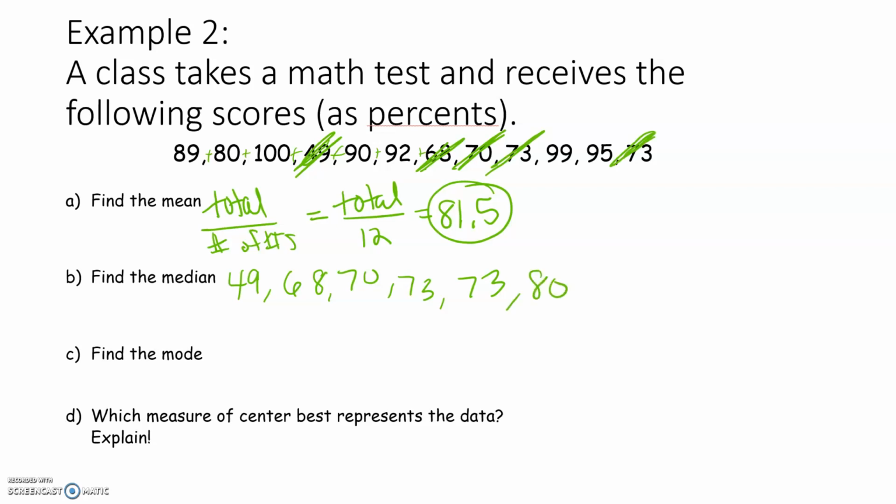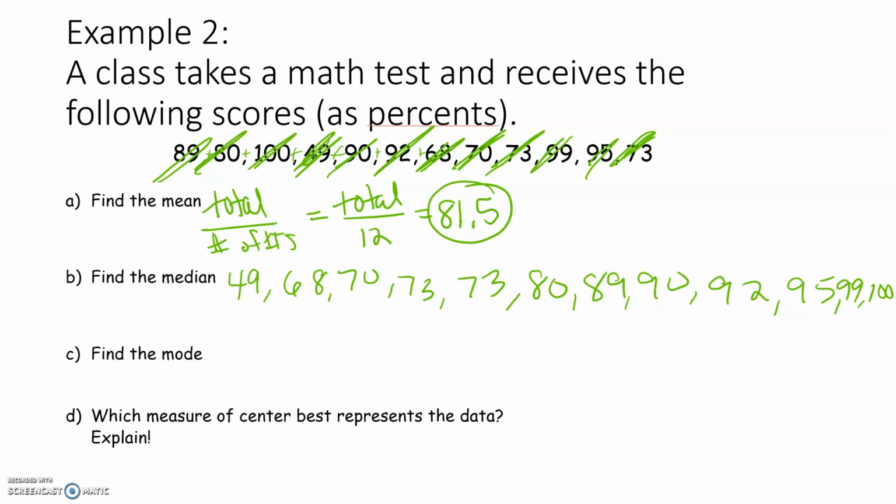Then I have 80, and then I have 89, and then 90, then I have 92, 95, 99, and 100.